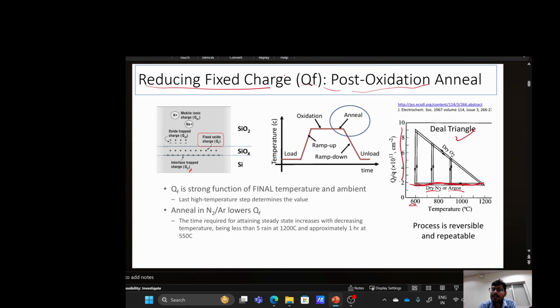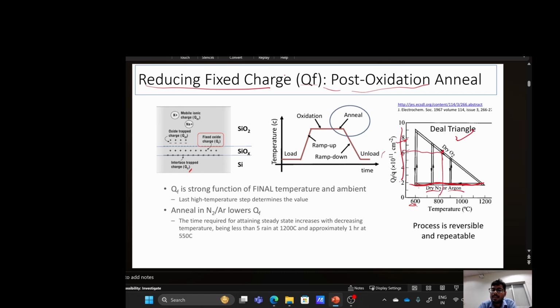At lower temperatures, when we have annealed our substrate in an oxygen environment or outer environment, the defect density is more than 6 into 10 raised to power 11, at this temperature of around 850.